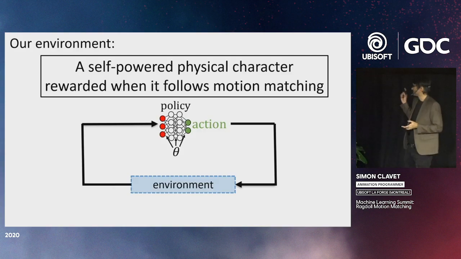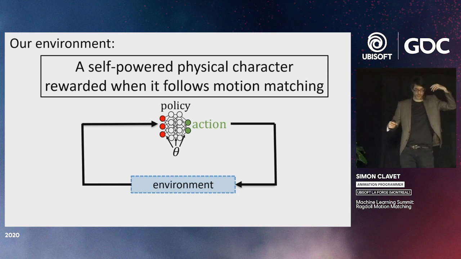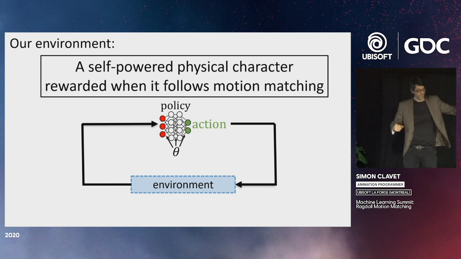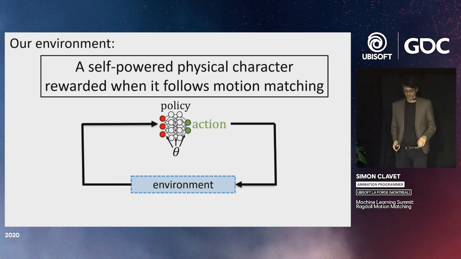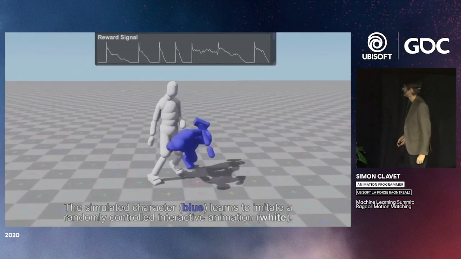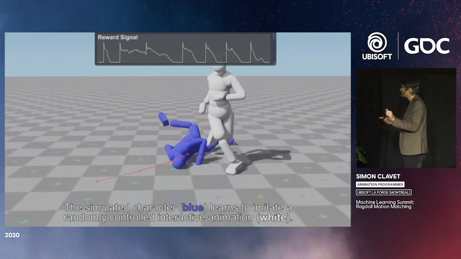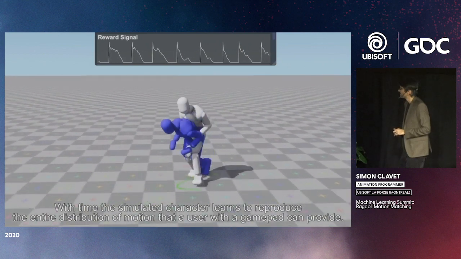And now the goal is to follow this with a ragdoll that's self-powered with motors, without cheating, without God forces. God forces are the forces that people sometimes use with ragdolls that attach your bones to world points. That's not allowed. You have the white guy, who is the motion matching character, randomly playing motion matching, and the blue guy is trying to follow.